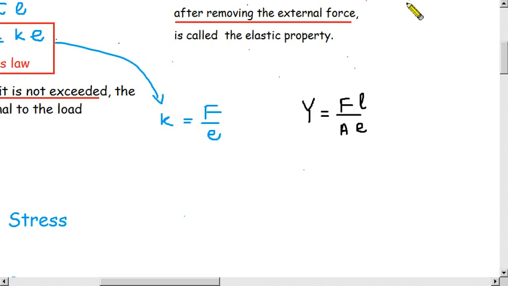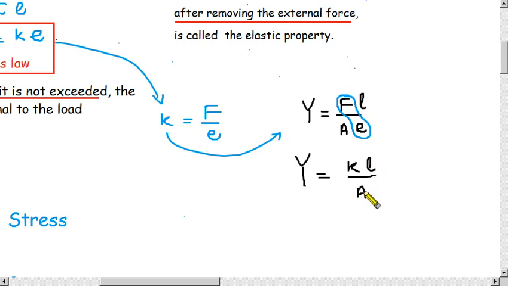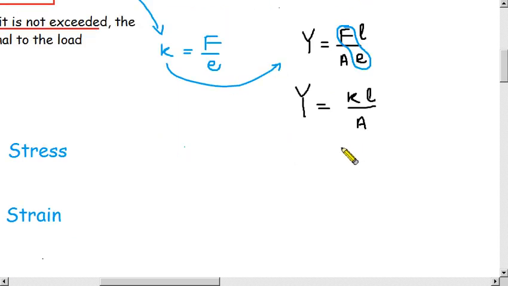So this one is K, this one is this K. So let us write Y equals K L divided by A. So K equals Y A divided by L. This is K, Y A divided by L.